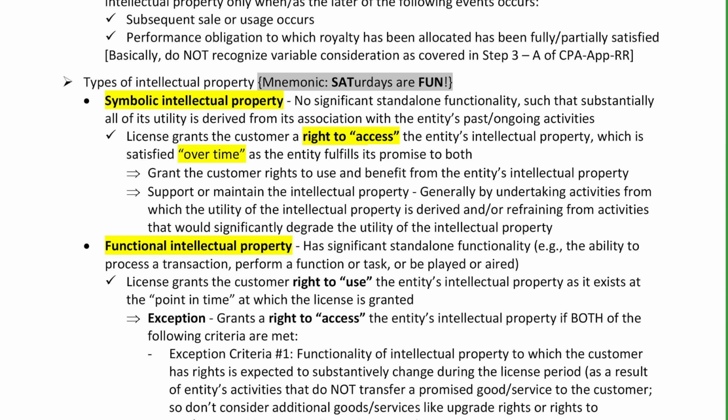For example, the ability to process a transaction, perform a function or task, or be played or aired. Now, in a functional intellectual property, the license grants the customer a right to use, and revenue is recognized at the point in time at which the license is granted.